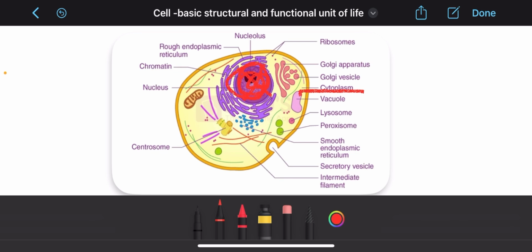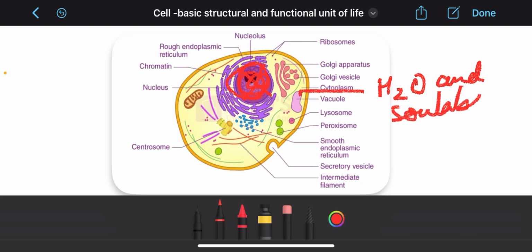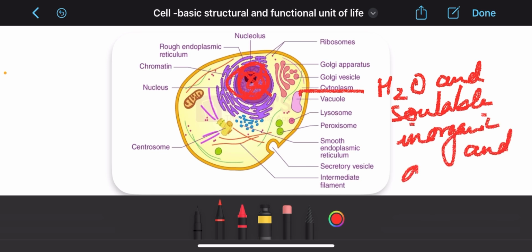It contains a mixture of water and soluble inorganic and organic molecules.